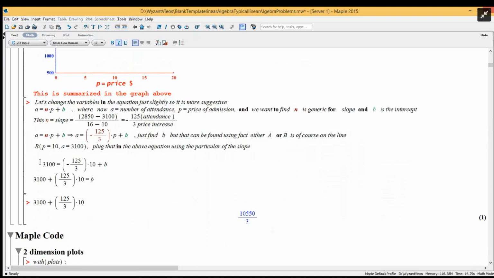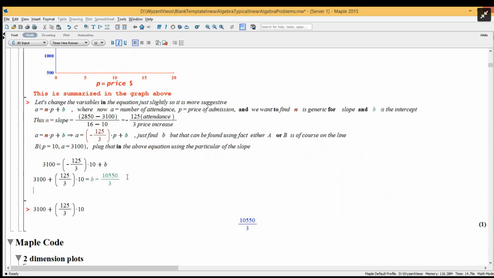It's 10550 over 3, which is about 3,516.67. I know it looks like a nasty number.